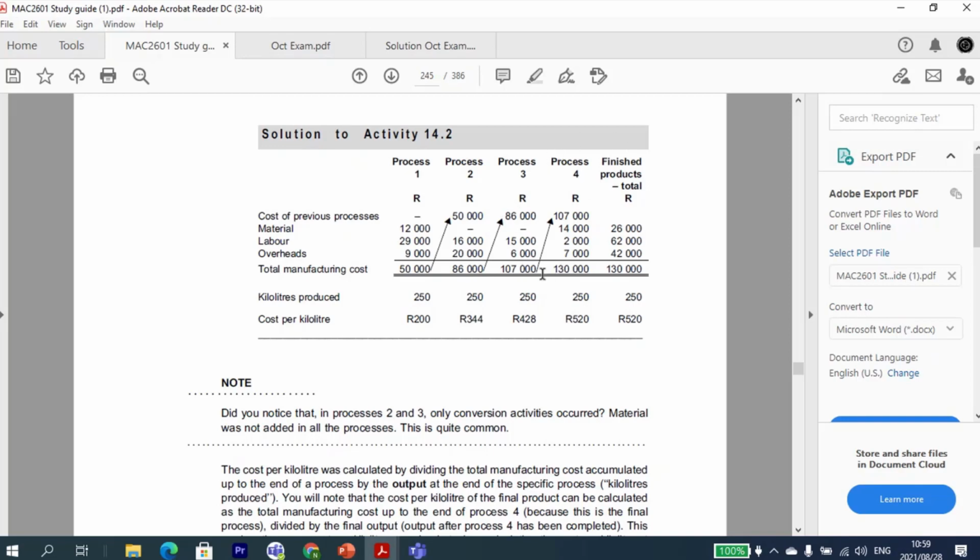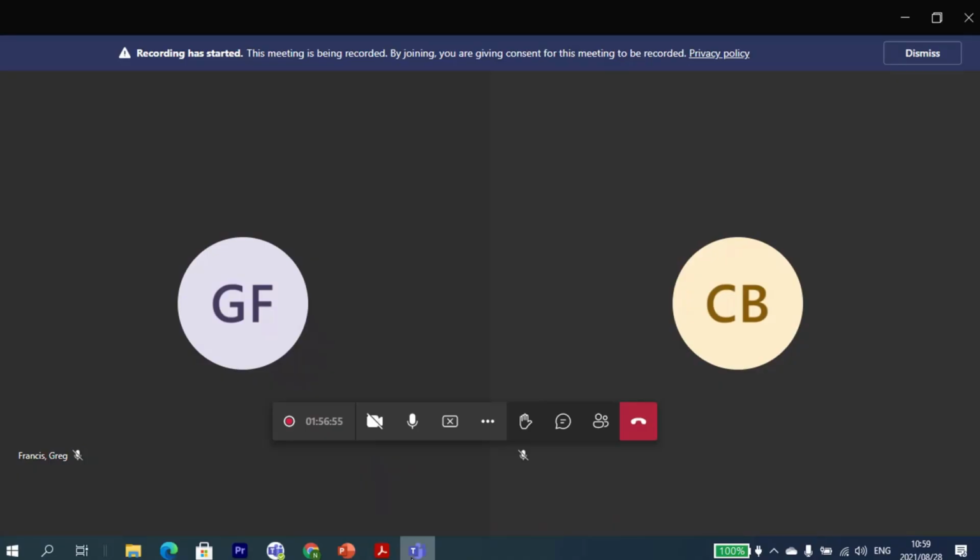Same thing, process 4, and then you get to your finished product. So once we are done at the end, you add all your costs, and then you will get the total amount. Normally, it will be equivalent to your last process cost. So that's how it is calculated.